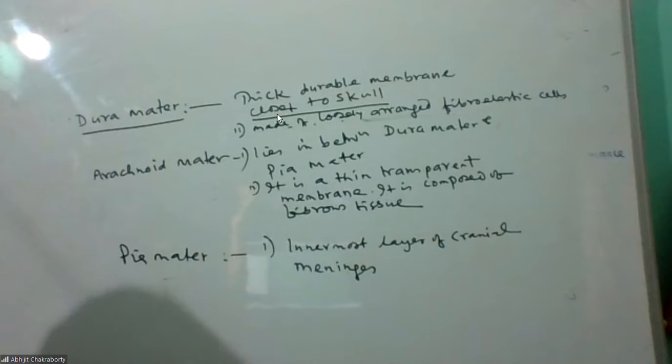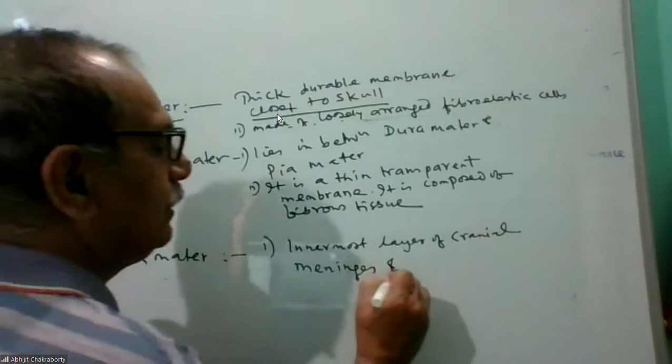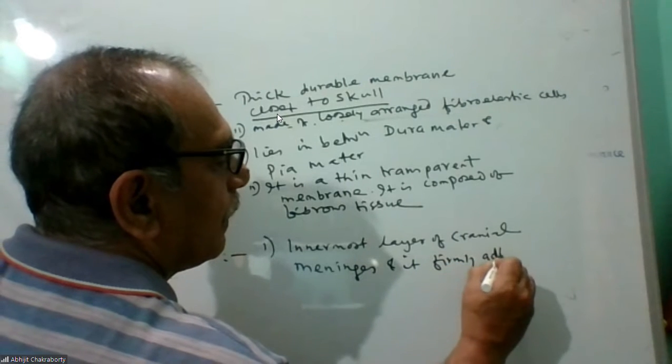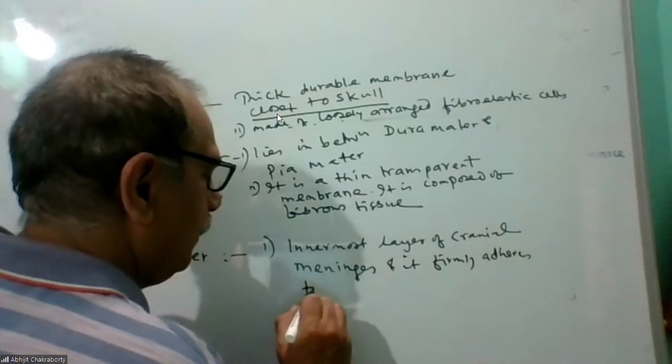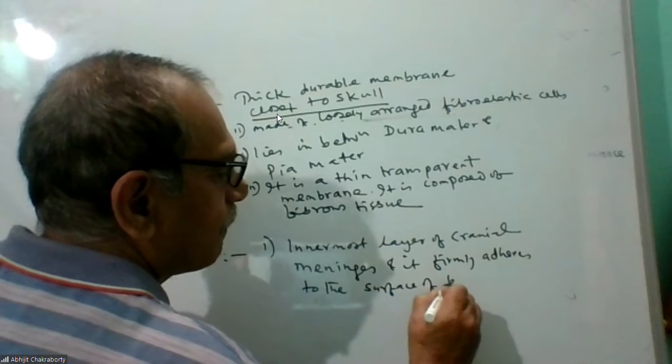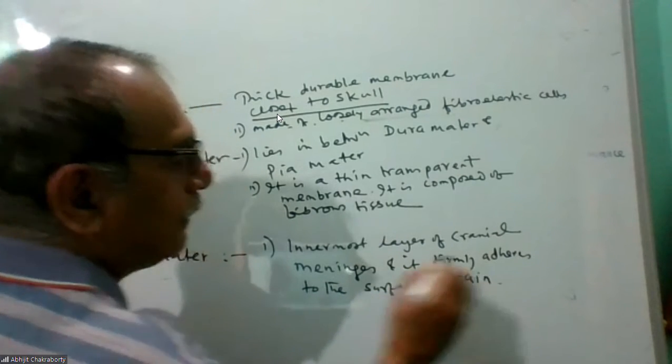Innermost layer of the cranial meninges, and it adheres to the surface of the bone, and it firmly adheres to the surface of the brain.